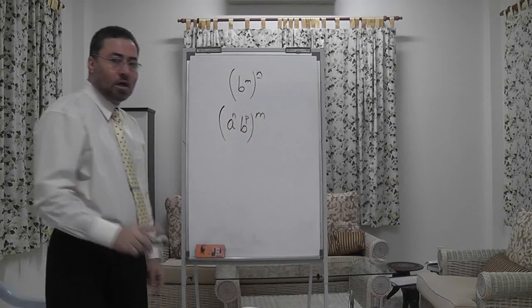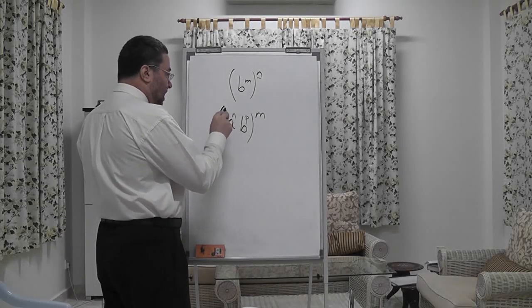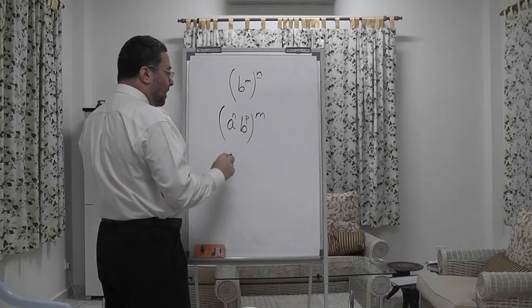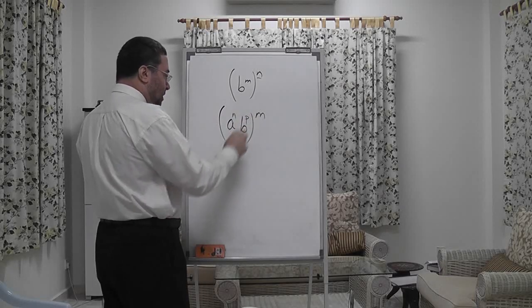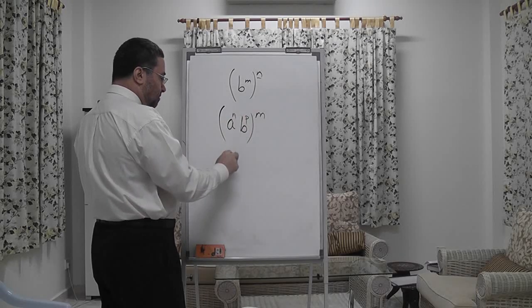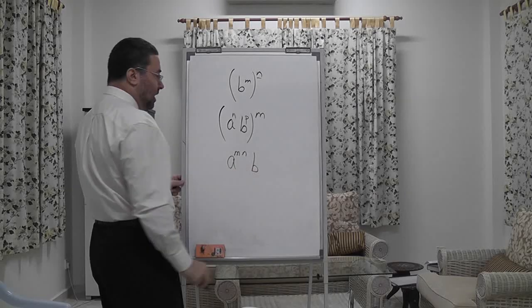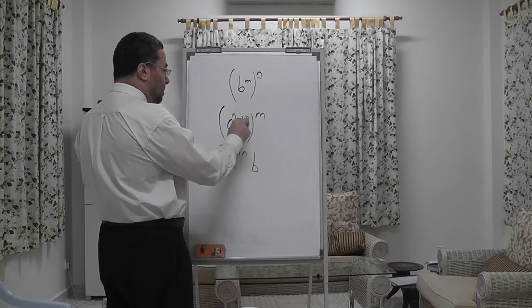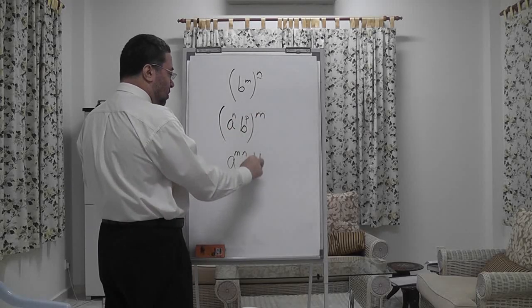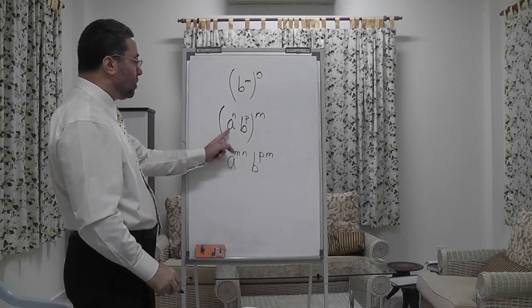Each one has a power of its own. Here in this case, we are going to raise each one to m. And since this is power to power, then for a, we are going to have mn. And for the second base, which is p, we are going to multiply its power with this power, so it will be pm. And that will be the answer to this.